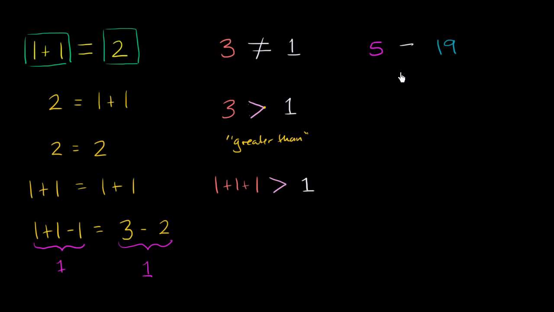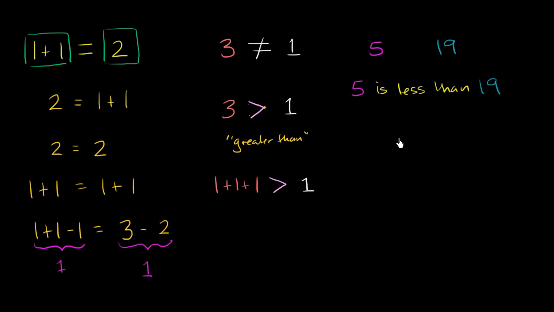Well, in plain English, I would want to say 5 is less than 19. That's what I want to write.